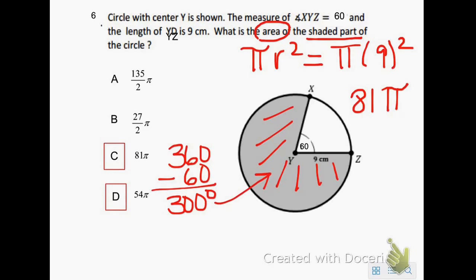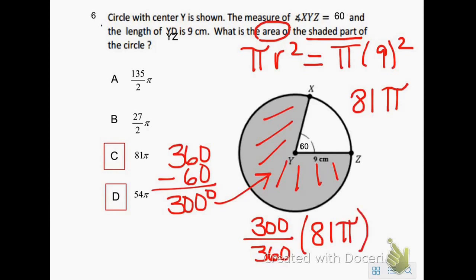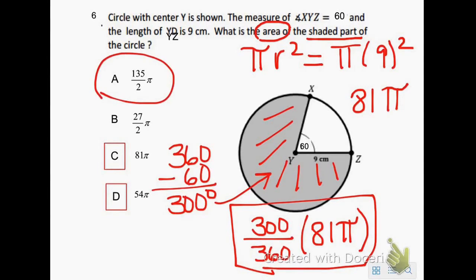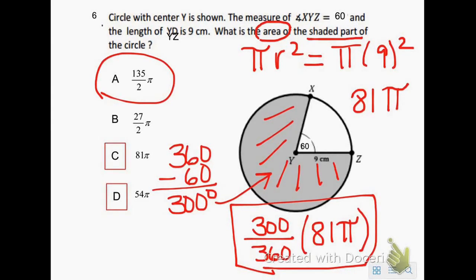So the part of my circle would be 300 degrees out of a total of 360 degrees. That is the part of the circle that's shaded. And to find the area that's shaded, I need to multiply that by the area of the circle, which we found was 81 pi. When I put that into my calculator, it tells me that the amount of the circle that's shaded is 135 over 2 pi.